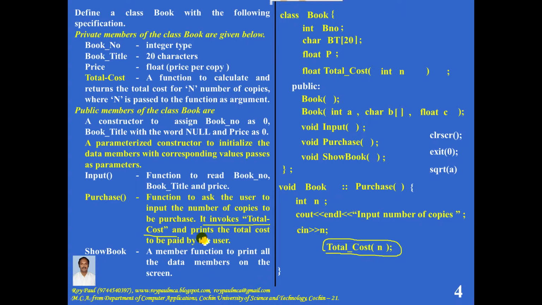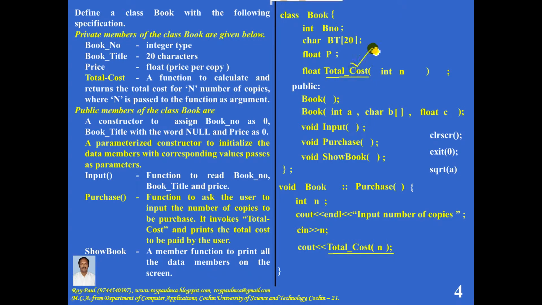And the third part, print the total cost to be paid by the user. If you want to print the answer, if you want to display the answer, it is cout output operator. Now how does display occur here? When you see this symbol, understand that it is a function. On encountering a function call, finally control reaches the point where the function is defined.